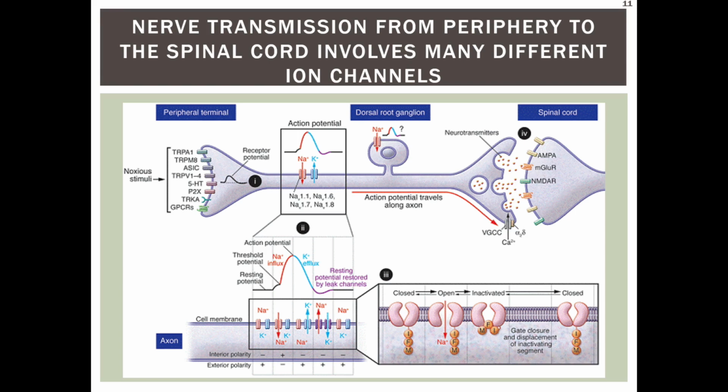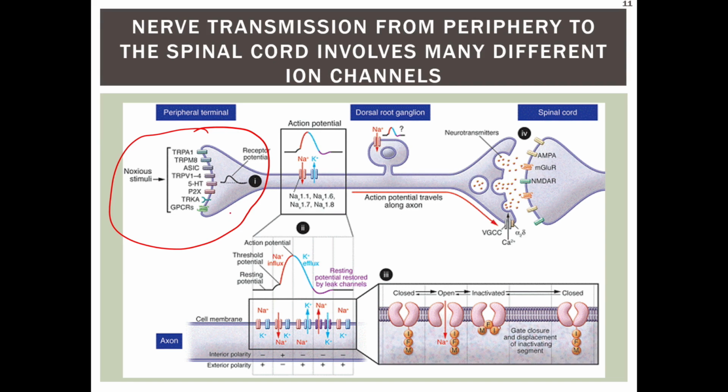So the nerve transmission from the periphery to the spinal cord, as I've said, involves many different ion channels. At the periphery itself, where this original stimulus occurs, there are these various ion channels that we talked about, the TRP channels, the acid sensing channels.